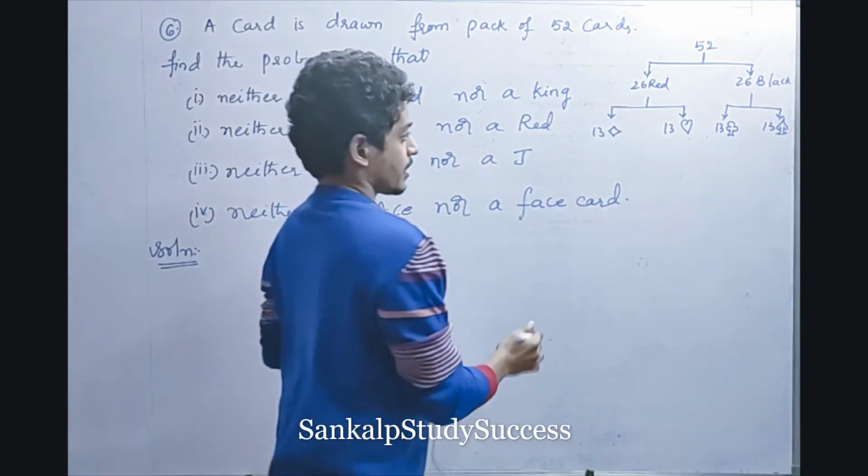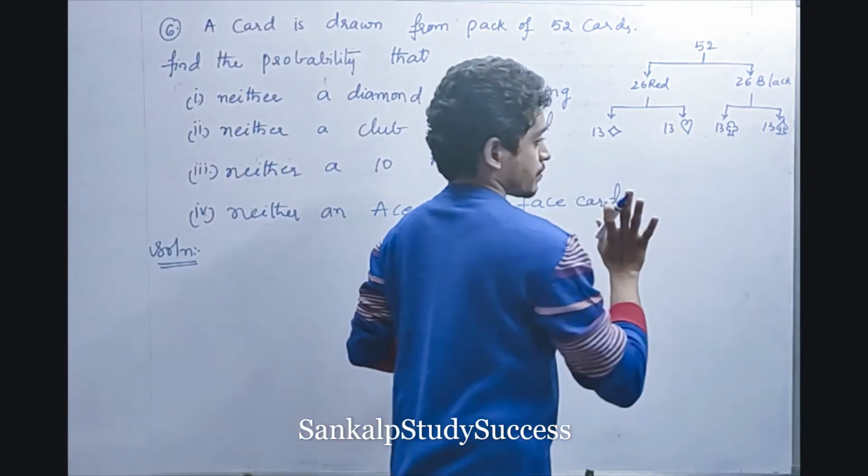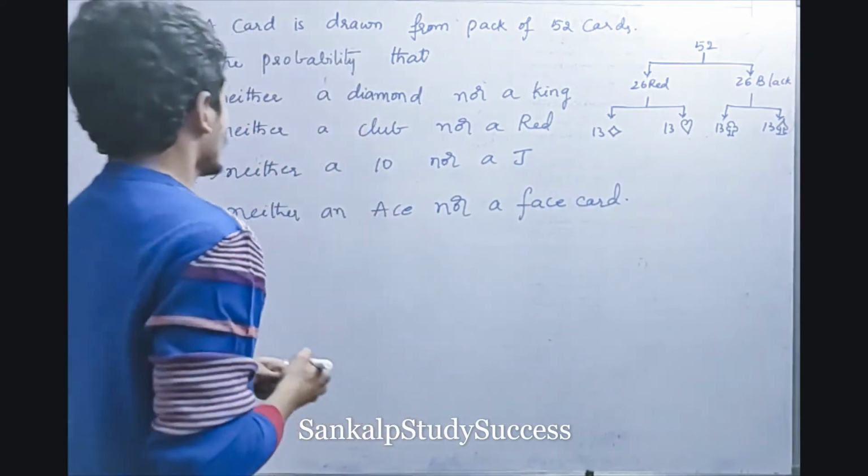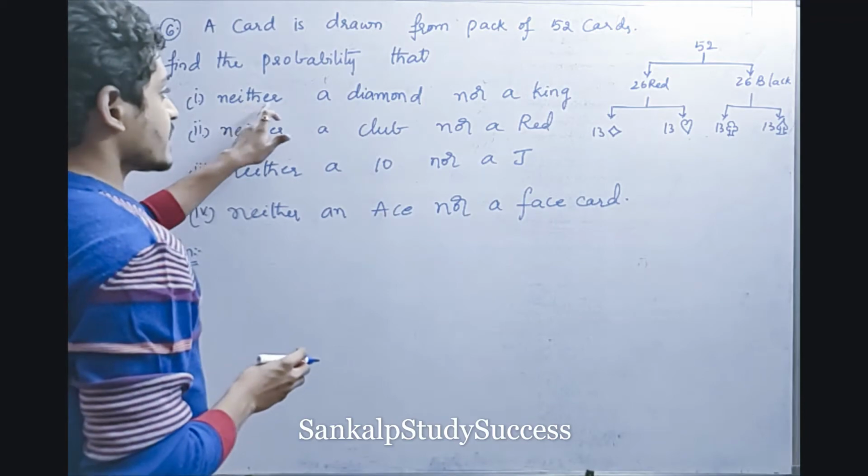Every 13 consists of A, 2, 3, 4, 5, 6, 7, 8, 9, 10, J, Q, K. Fine. So the first question he has asked is, neither a diamond nor a king.